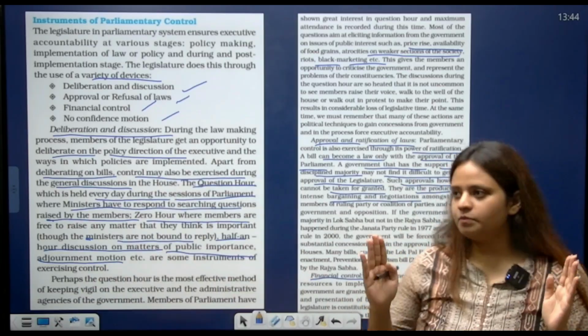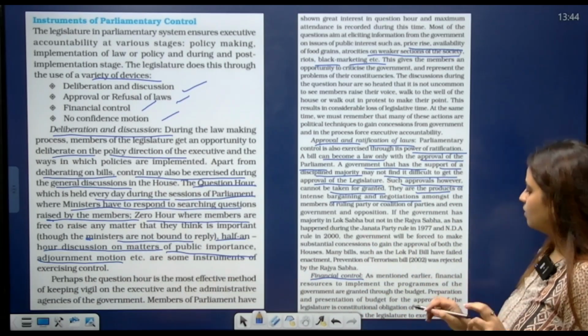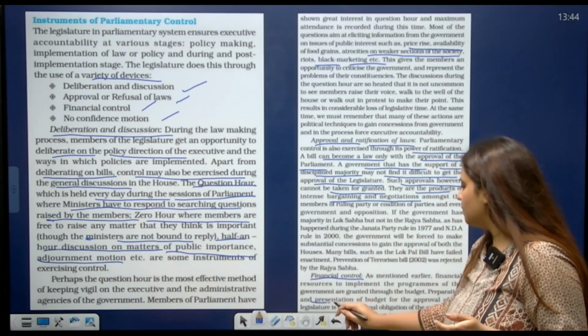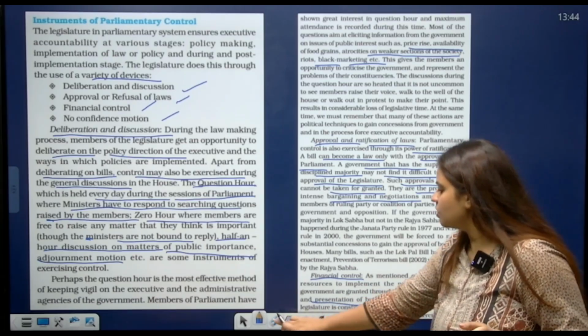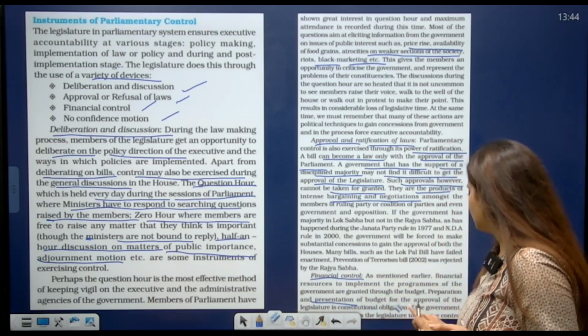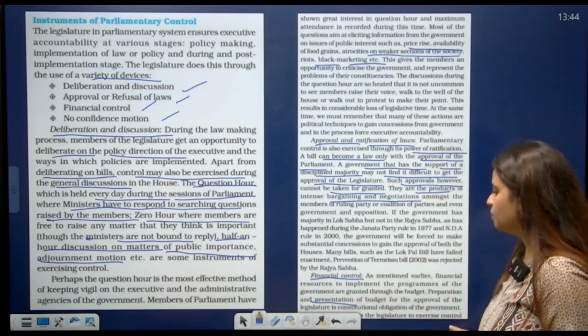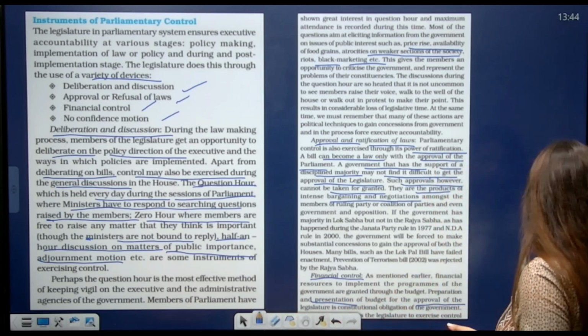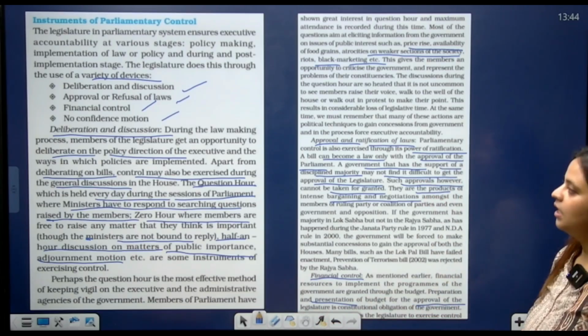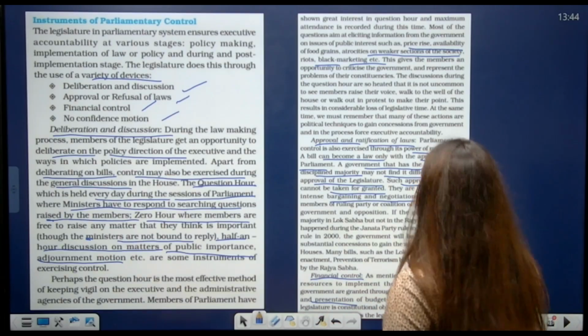It gives a broad presentation of the budget, which has to be approved by the parliament as well, and which tells the allocation of funds in the different programs and schemes.